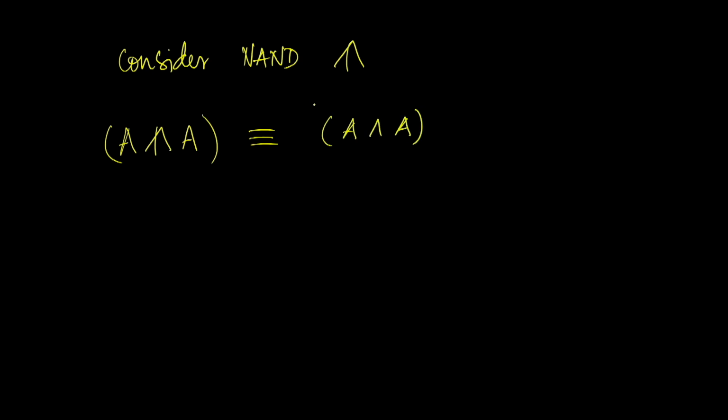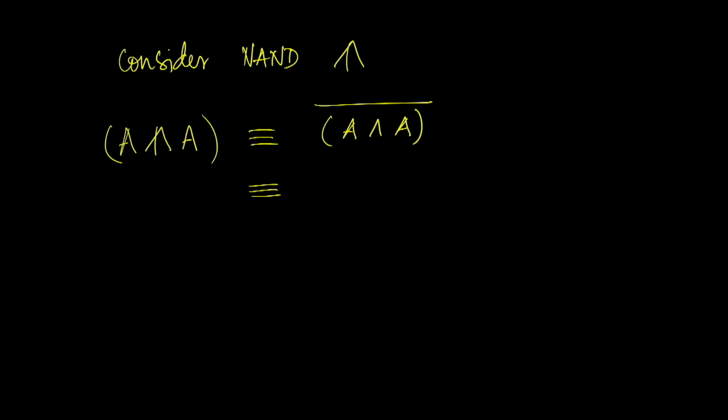For example, consider the Nand function, denoted like this as an up arrow. What is A Nand A? A Nand A is equivalent to A and A, the whole complement. But then what is A and A? When A is 0, it is 0 and 0, which is 0.